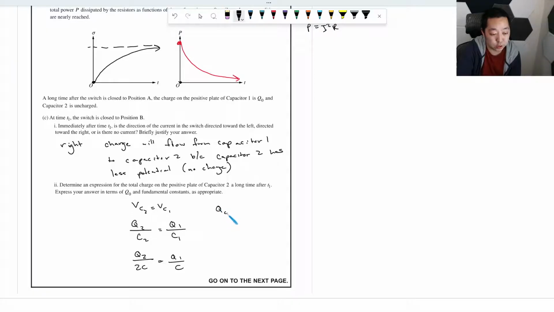The total amount of charge has to be the same. Okay, so these C's cancel. What do we want to find? We want to find Q2. So replace Q1 with 1/2 Q2 from this equation. So Q0 is equal to 1/2 Q2 plus Q2, which is 3/2 Q2. Therefore, Q2 is going to equal 2/3 Q0.